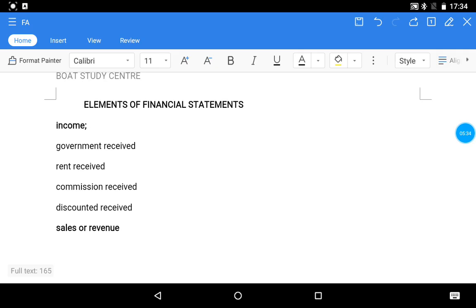For example, when you are dealing in cars, when you sell a car, the amount of money you receive from that car is a sale. It is a revenue. Then, when you are dealing in agricultural products and you have sold some items, the amount that you receive is sales.